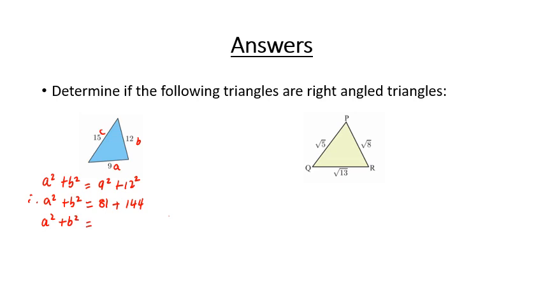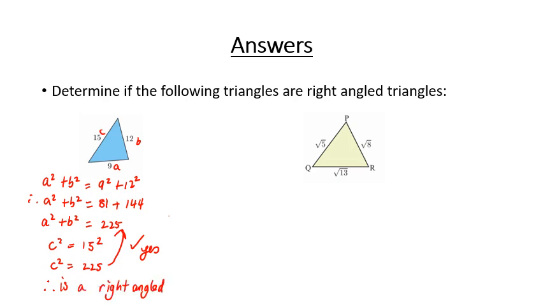Therefore, A squared plus B squared is 225. Now my C squared is 15 squared. C squared therefore equals 225. This and this are the same. So therefore the triangle is right angled.